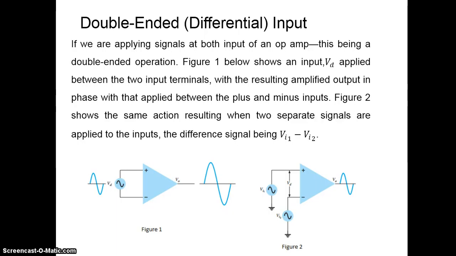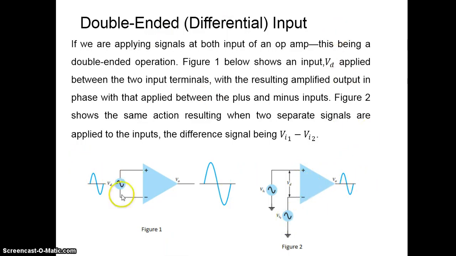Next, double-ended input. Now you see here, you connect input to the plus terminal and the minus terminal. So the output will be the difference between these two inputs, that means plus and minus. This is V input 1, this is V input 2. So the difference between these two, that is VD, is V input 1 minus V input 2. That will be amplified.